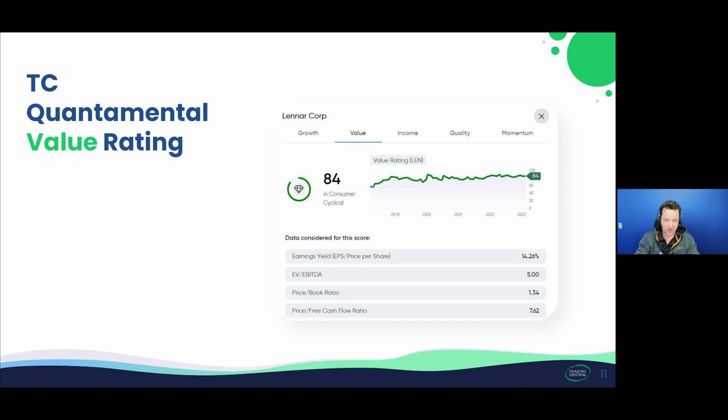So these metrics really highlight companies that are efficiently generating profits, priced attractively relative to their assets or cash flows, and offer a margin of safety by reducing the risk of overpaying for the stock. Now, this approach is really grounded in proven value investing principles. So you can do a screen search just for only value stocks using this methodology as well in some of our other tools like Strategy Builder, which you'll see in the screeners.